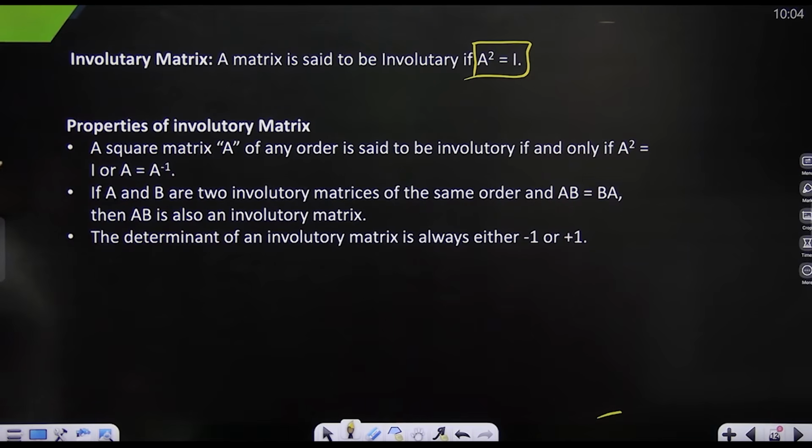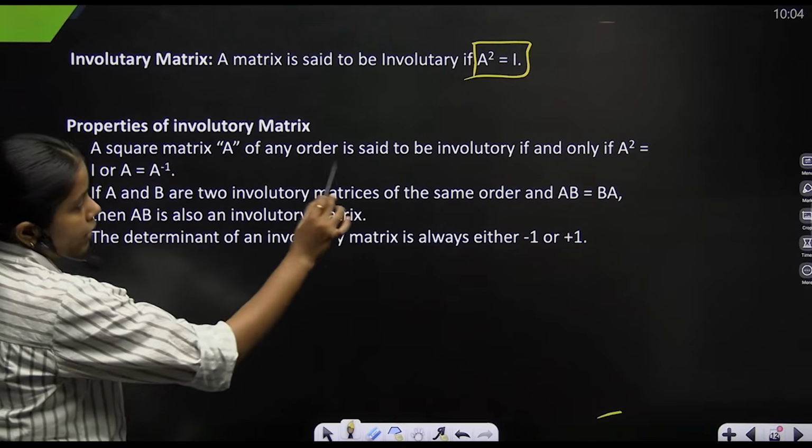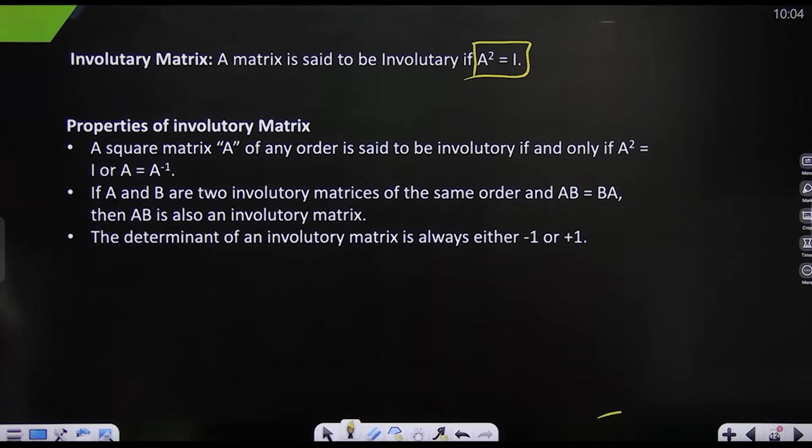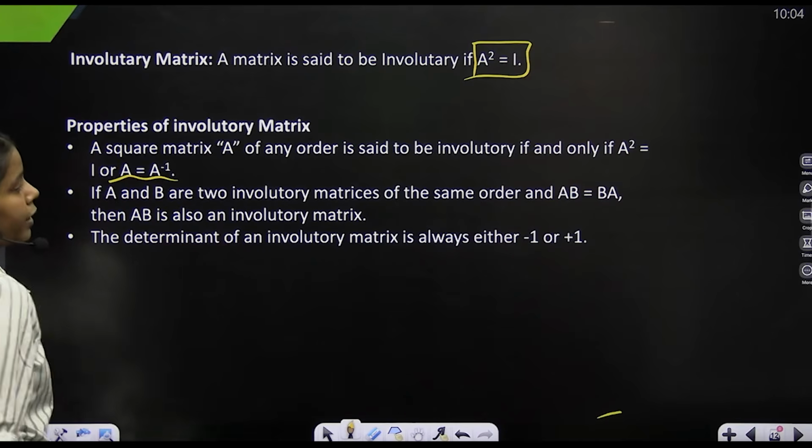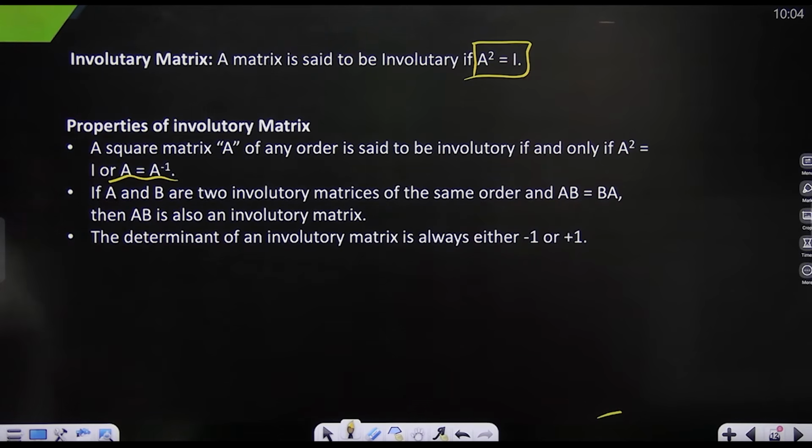Involutory does not strictly need a square matrix in this description. Square matrix A of any order is said to be involutory if and only if A square is equal to identity, or A is equal to A inverse if the determinant is non-zero. We will discuss that further ahead.